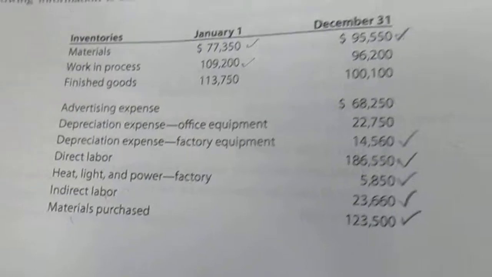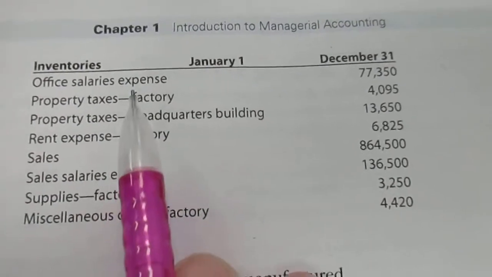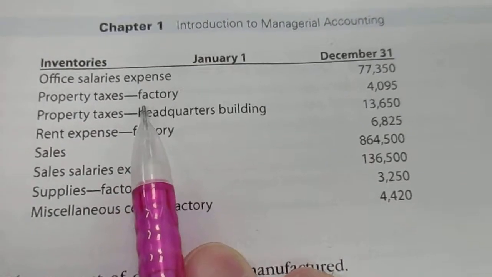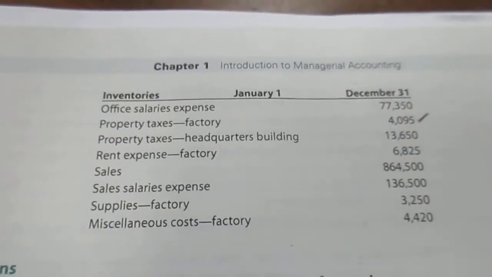And that's all of them on that page. If you're using your textbook, we're going to have to flip back up to the top of this page. The next one that we come across that talks about the factory is our property taxes for $4,095.